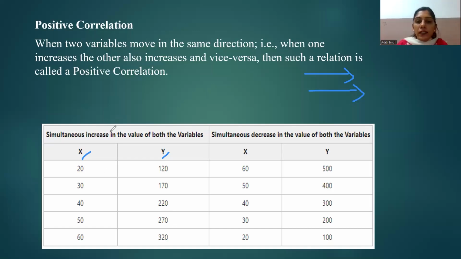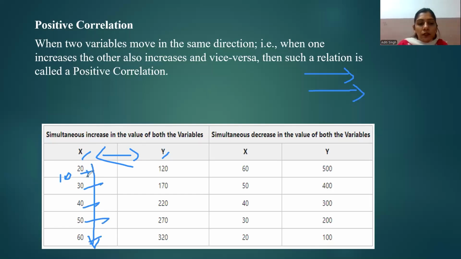As you can see in this example, variables x and y are given. The variable x is increasing with a difference of 10: 20, 30, 40, 50 and 60.